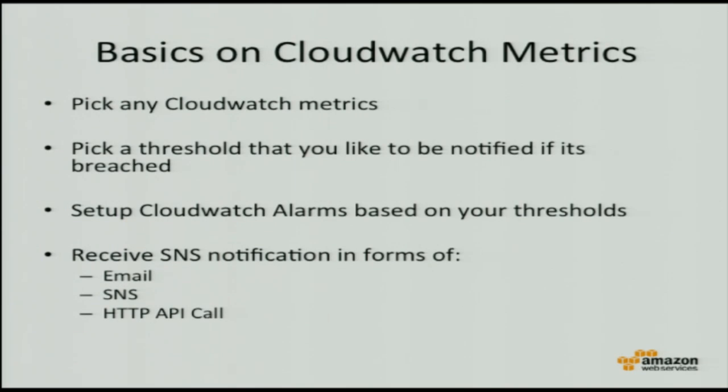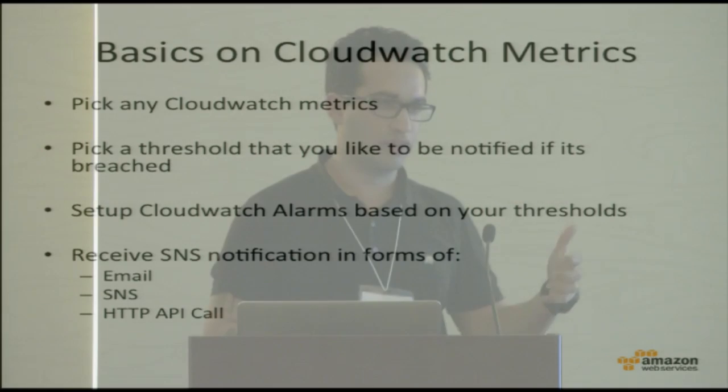So what you could do with these CloudWatch metrics is get alerted if you have a breach of a threshold that you've set up. For example, let's say you want to get alerted on the CPU utilization of your cluster. You can set that up with CloudWatch. Set up a breach point, say anything more than 50, 60 CPU utilization, alert me. The alert goes through an SNS notification. Now, SNS notifications can be in three ways: email, SMS to your cell phone, or also HTTP API calls.